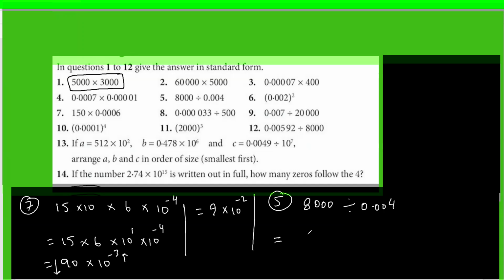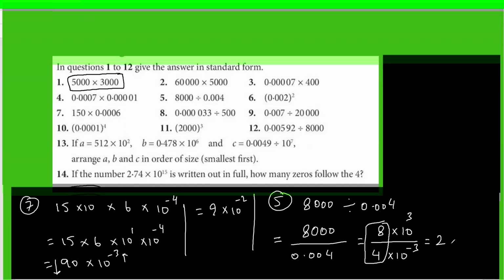So let me write it as 8,000 divided by 0.004. This 8,000 means 8 times 10 raised to power 3. That is how we are going to divide them. This is 4 into 10 raised to power minus 3, right? Okay, what is 8 over 4, children?